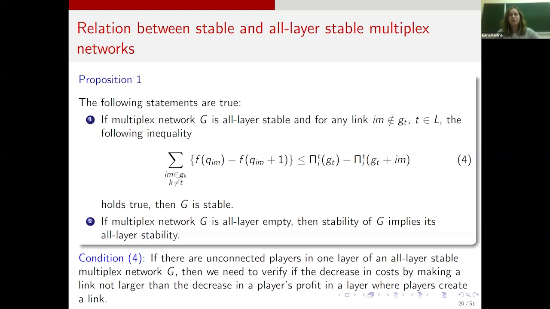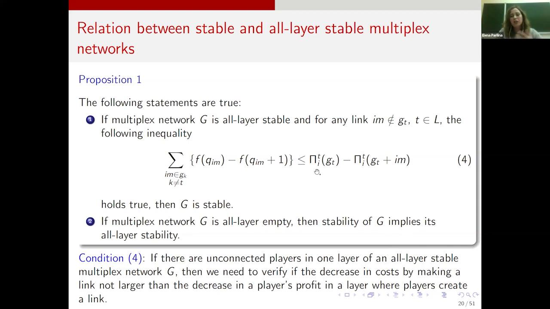Definition 4 and definition 3 gave us all layer stability. And proposition 1 gives us the condition when from all layer stability we can get the stability conditions. So we need to satisfy this condition 4.